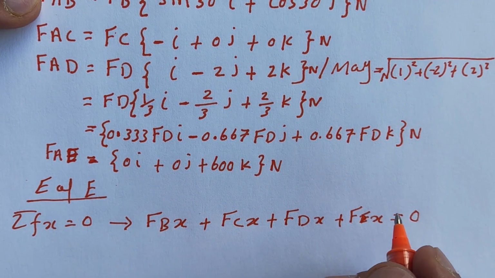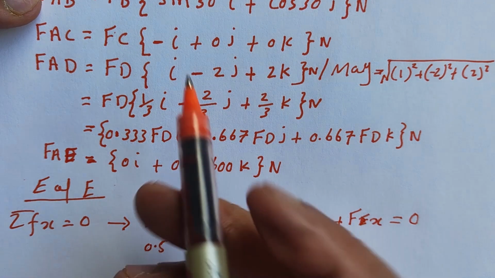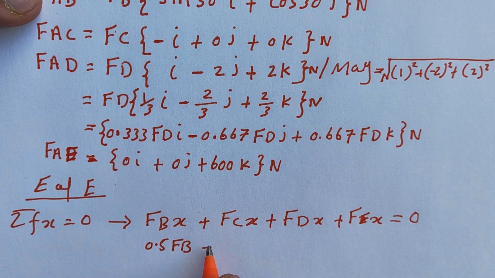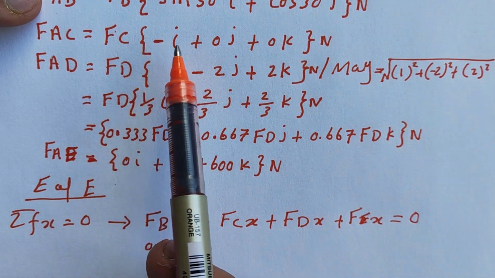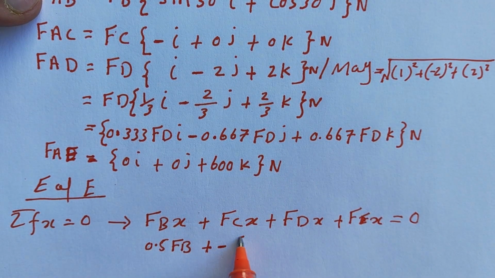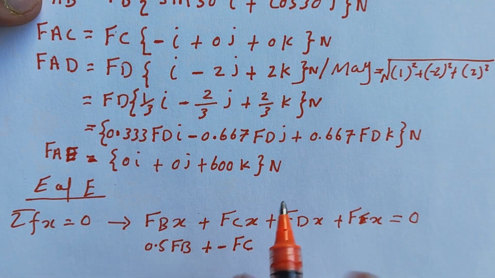We know that we have here 0.5, sine 30, which is 0.5, for FB, plus FC itself. In this case it's 1 for FC, but FC is negative 1, so minus FC.